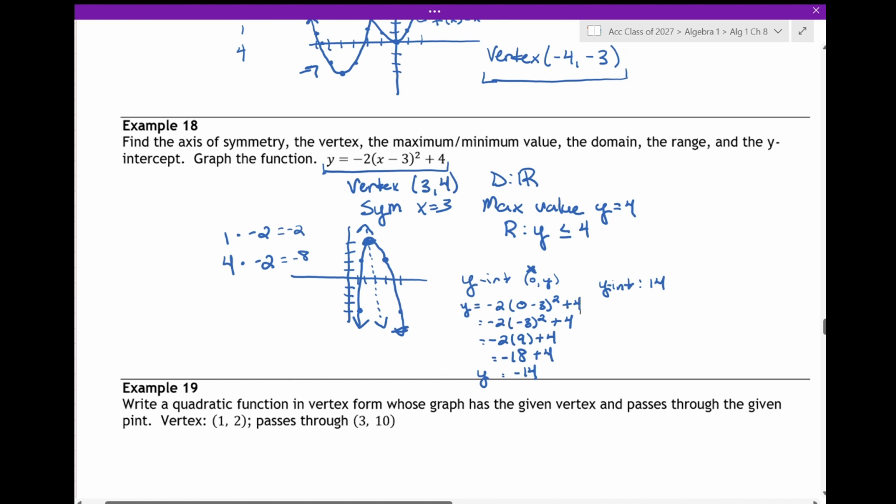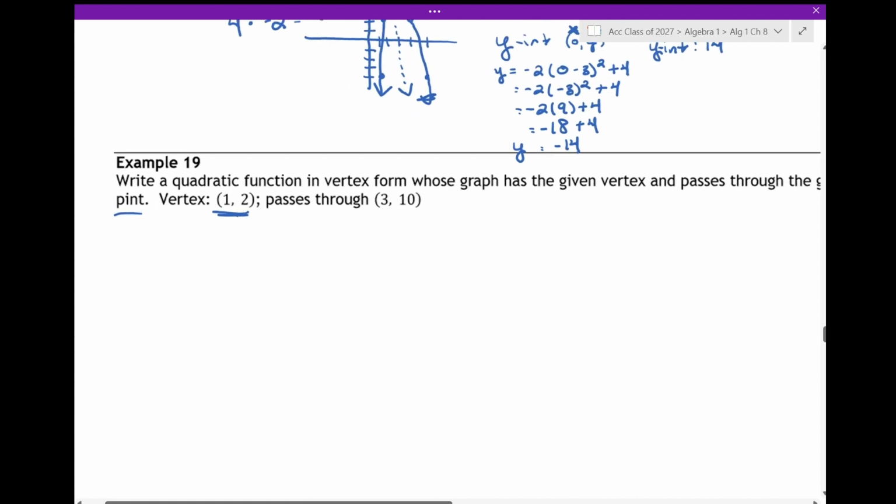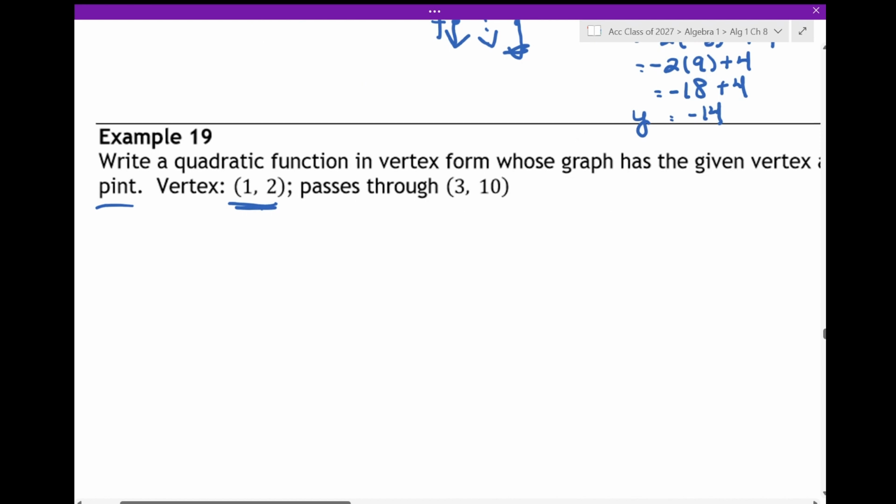Let's look at number 19. Write a quadratic function in vertex form whose graph has the given vertex and passes through the given point. That's supposed to say point there. Our vertex is at (1, 2). And let's first just write down vertex form here. y equals a times (x minus h) squared and then plus k.